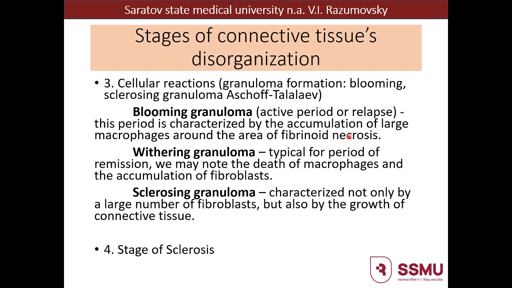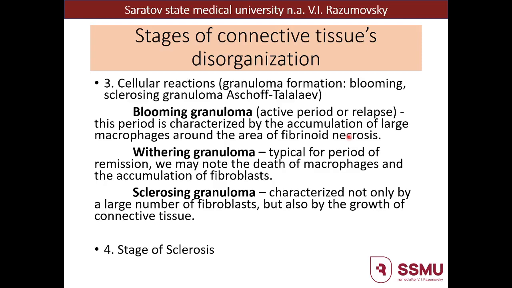Fibroblasts are small cells, and they look like light blue, small rounded cells, and we couldn't find any flowers here, and we call this stage withered granuloma. And after that, we may see formation of connective tissue fibrils in the place of granuloma localization.